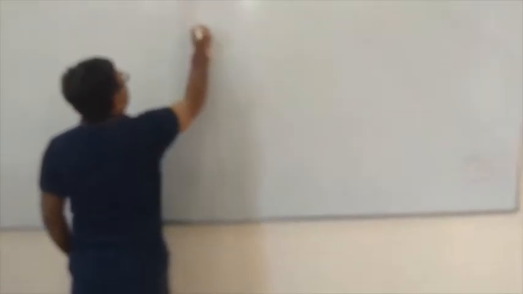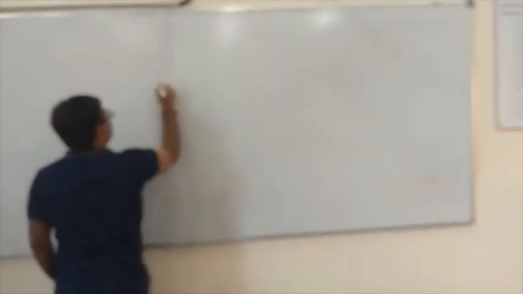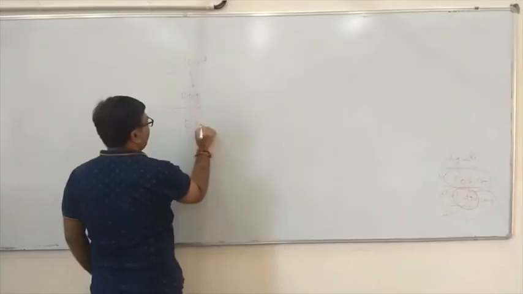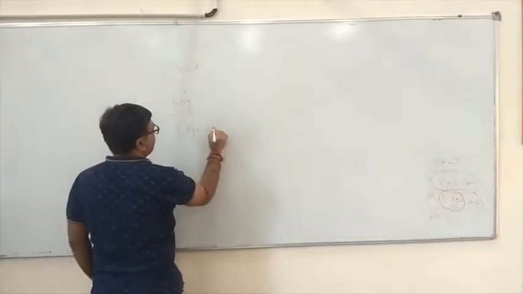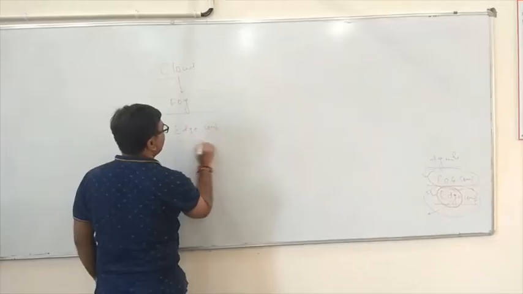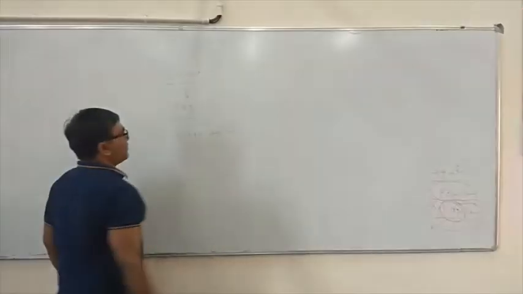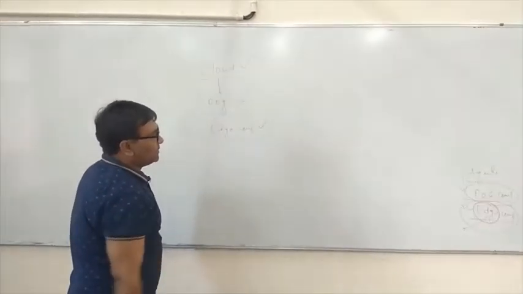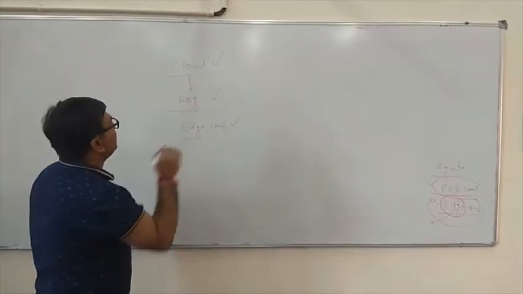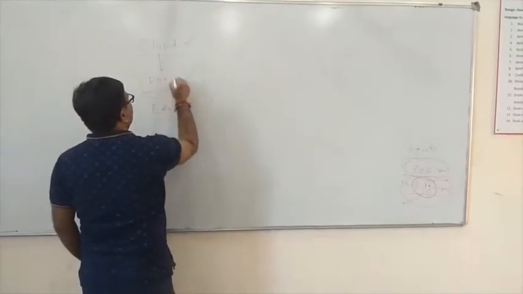First your cloud, then your fog, then the edge computing, right? So the question is, if the cloud is there, then why are fog and edge computing required? In today's class, I will deal with this concept.